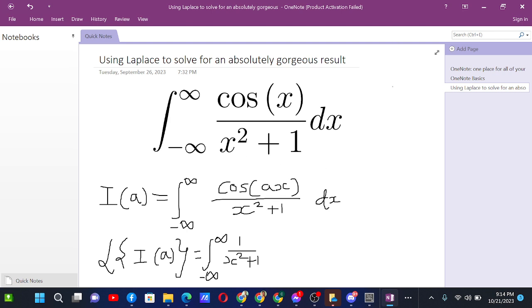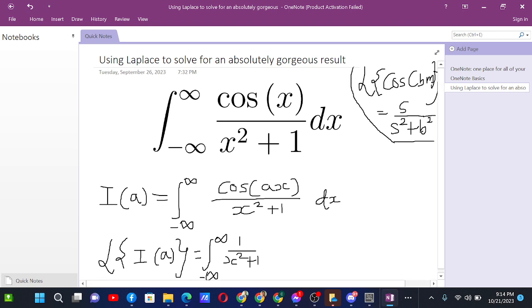We know if we have cos of bm, where m is the variable of Laplace transform and b is the constant, the Laplace transform will be s by s square plus b square, where s is a complex variable in the complex world after the transform.